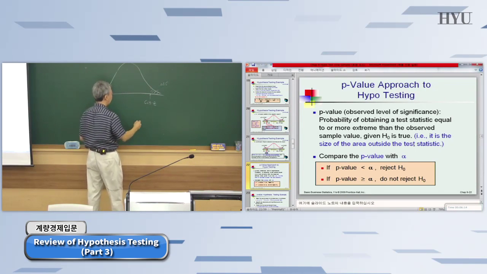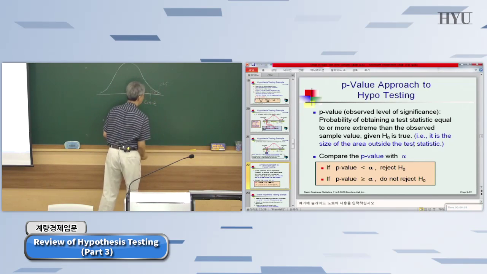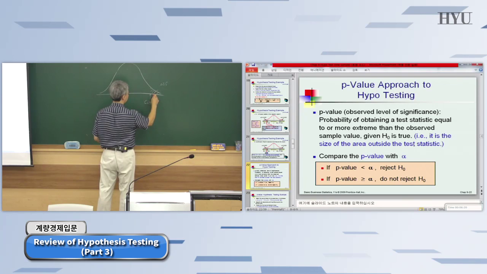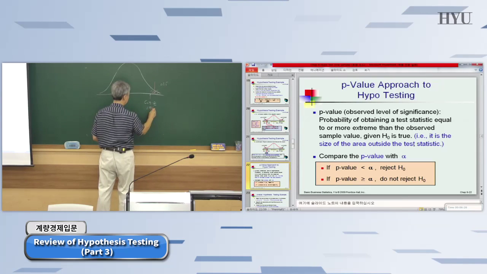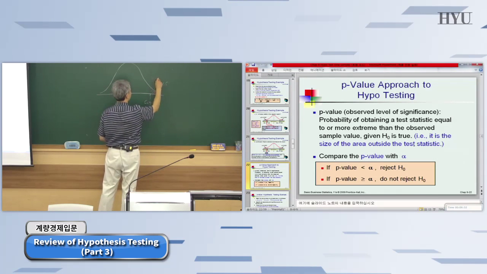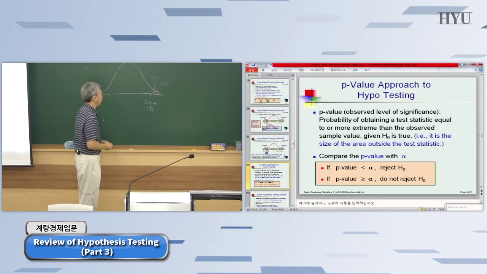And that means whenever your test statistic, suppose your test statistic came out to be here, in the previous example, critical value was 1.96, but your test statistic was 2.00 on the other side, but it doesn't matter. And your conclusion was reject the null hypothesis.